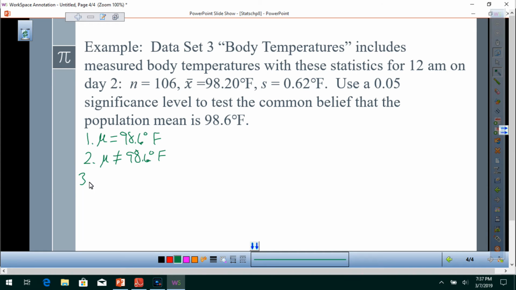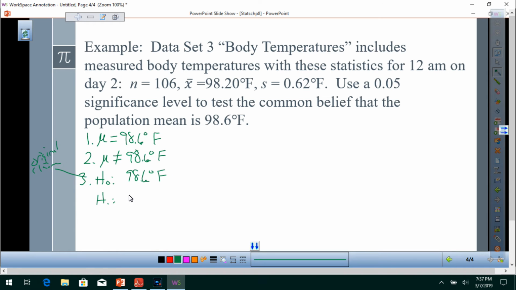Step 3, the null hypothesis is 98.6 degrees Fahrenheit. And the alternate hypothesis, and remember, this is our original claim here. That's our original claim.